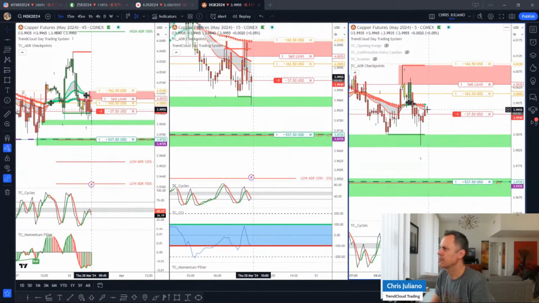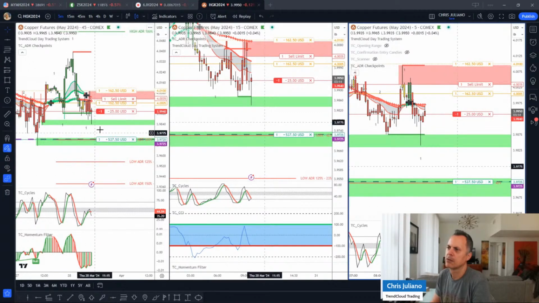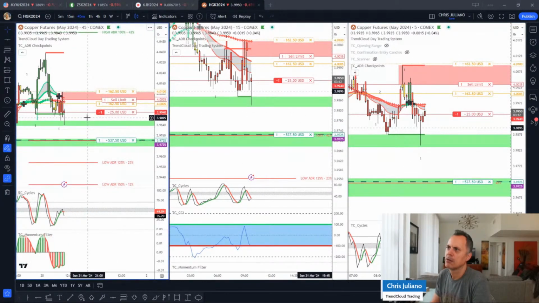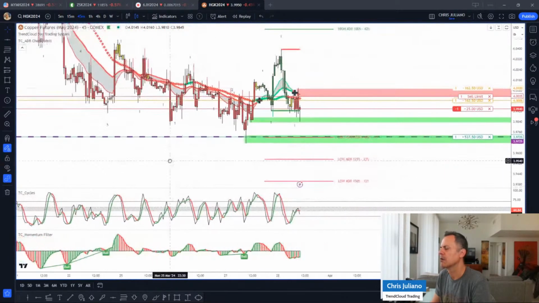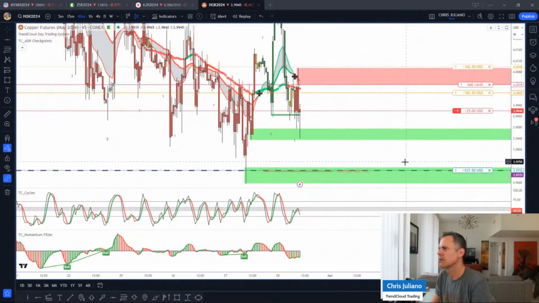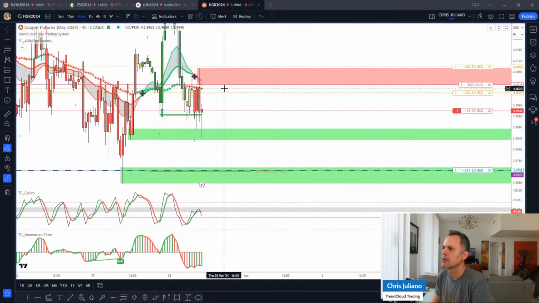Pulling into, right? This is a resistance level here. Pulling into that resistance level. And it's going to bounce back and forth between those areas. On the 45-minute chart, where's that resistance?